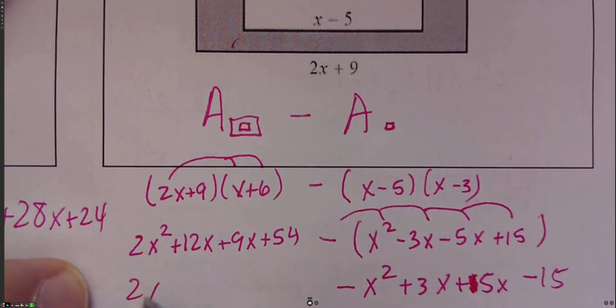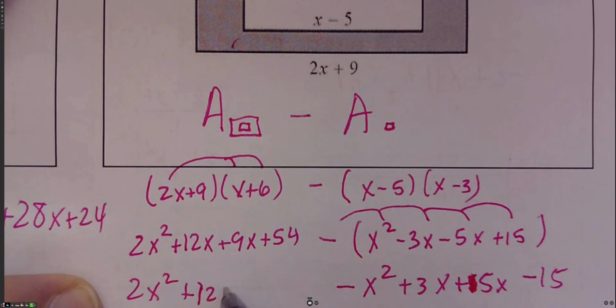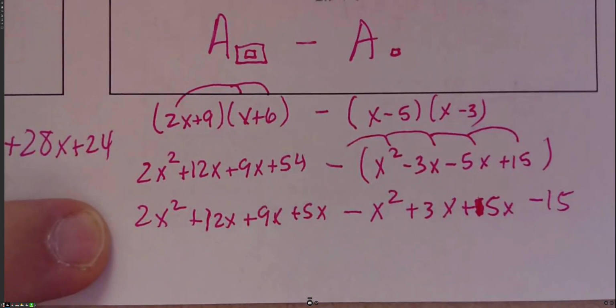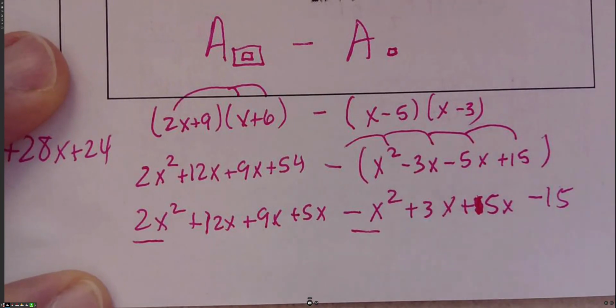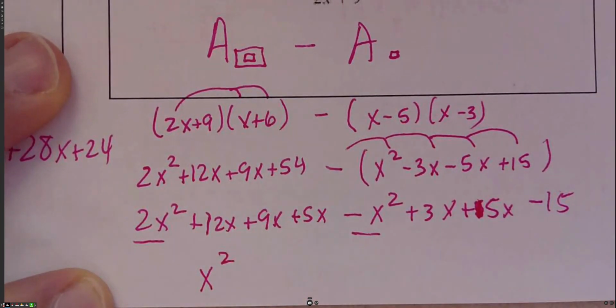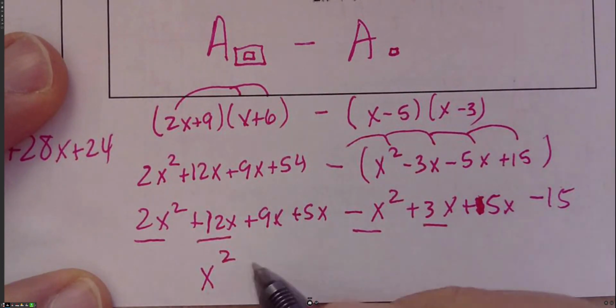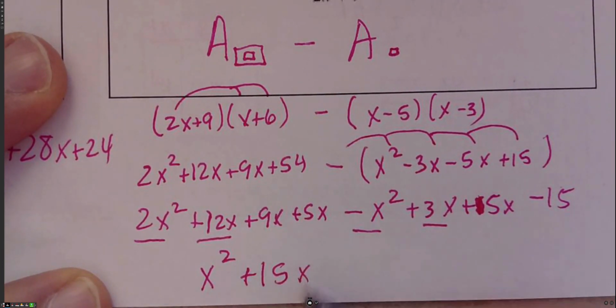So then I think it's best practice to rewrite this, though if you don't, I understand why. Combine like terms, go to the highest power first. So we're going to go 2x squared and negative x squared, so we get positive x squared. 12 and a 3 is 15x.